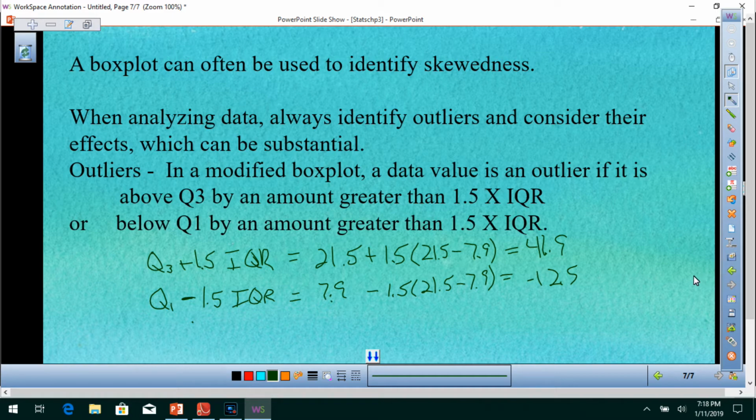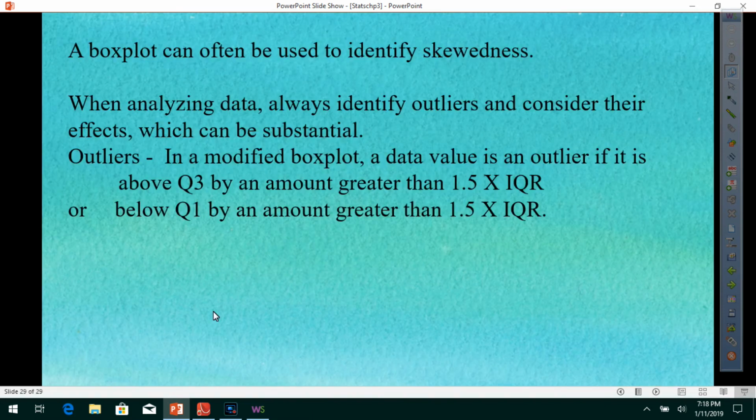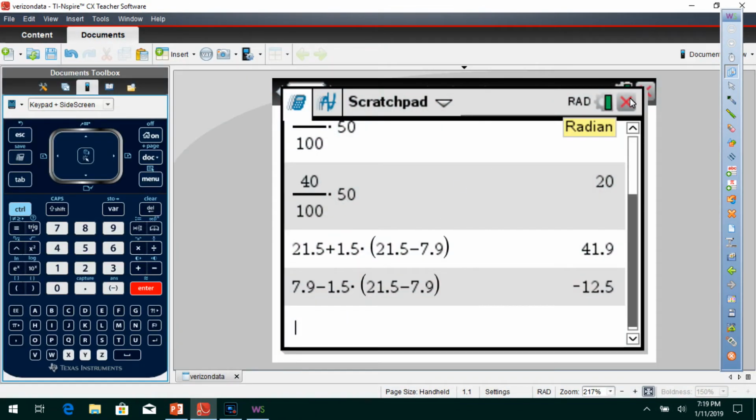Well, let's go back. Did we have numbers above 41.9? I'm sure we did. Sometimes you have something called a modified box plot, and I didn't mean to do that. So let's go back to our calculator.